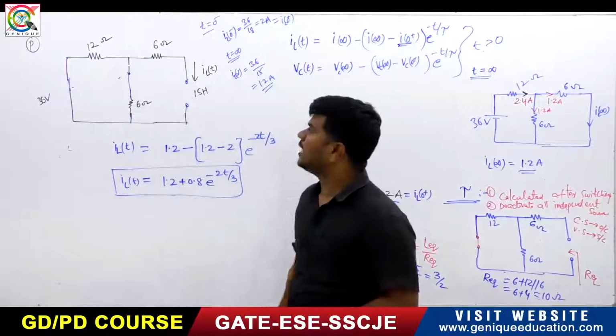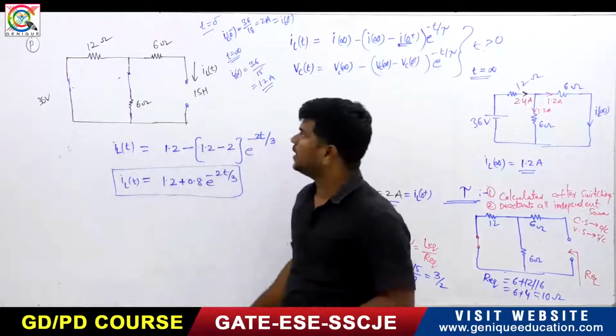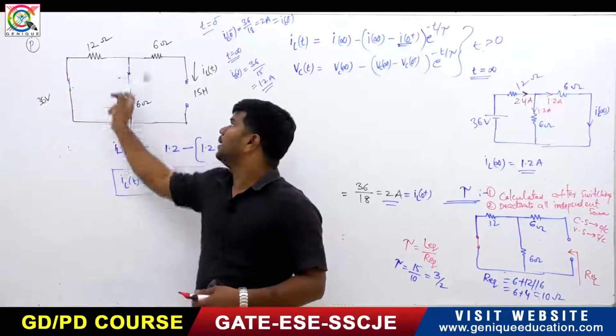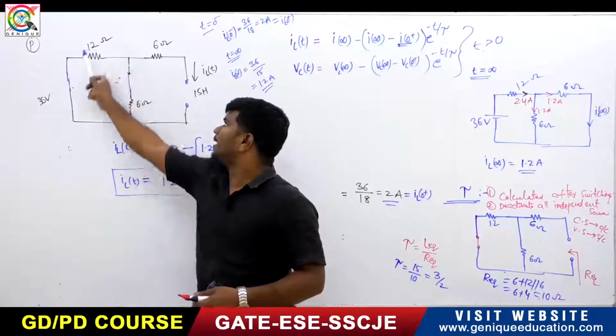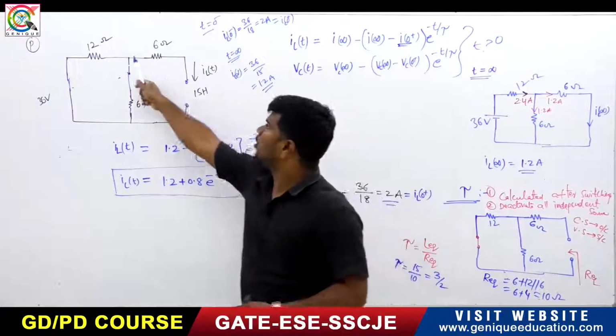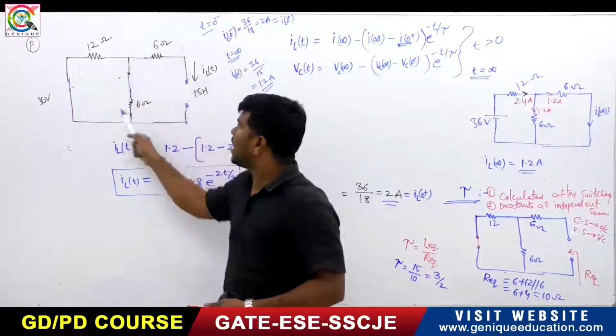Deactivation means a voltage source must be short circuited. So these two are now in parallel combination, which will get 4 ohms. So 4 plus 6, it is 10 ohms. So 10 ohms is the R equivalent.